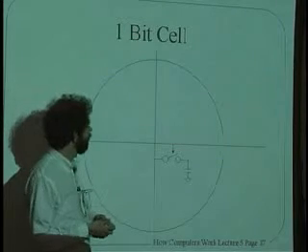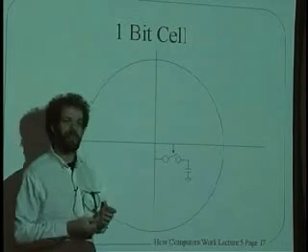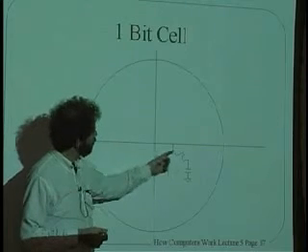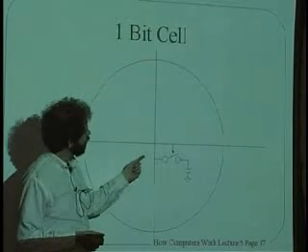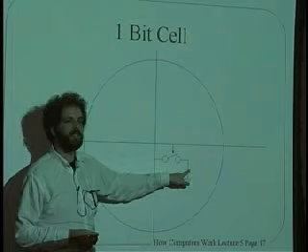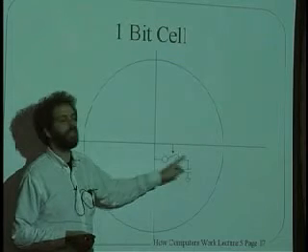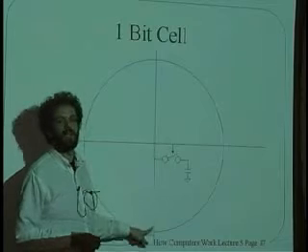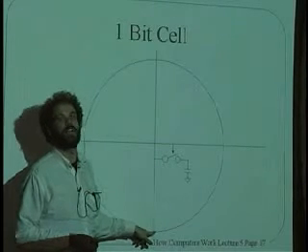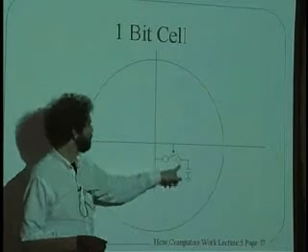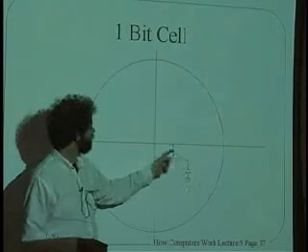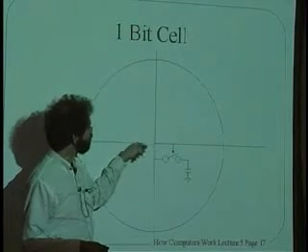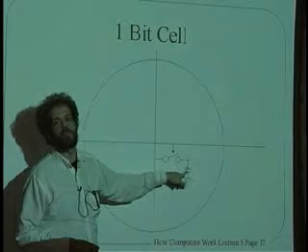What's really great about it is that if I close this switch and send a bunch of electrons to get stored in the bag here, I later on can close the switch again and pull them out and find out whether or not they were there. Think of this as a little bathtub. I'm going to close the switch and maybe send some water in and fill up the bathtub.